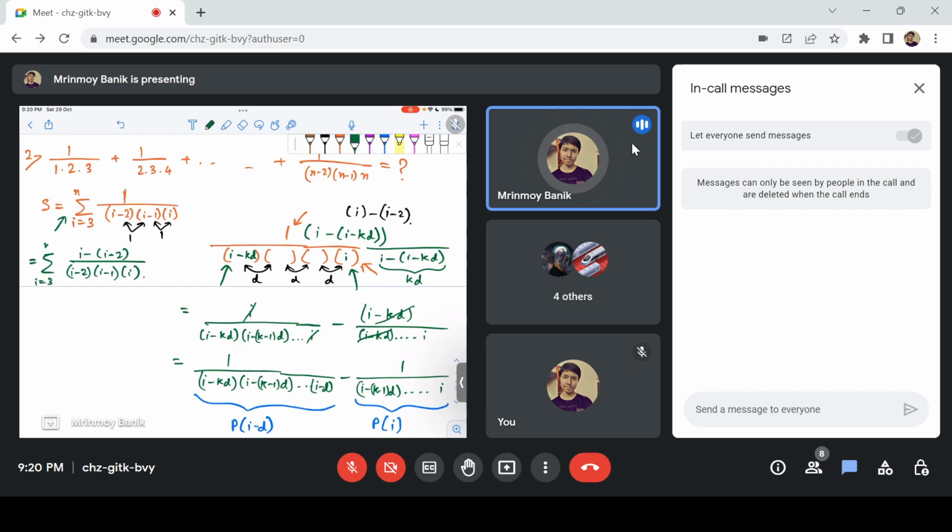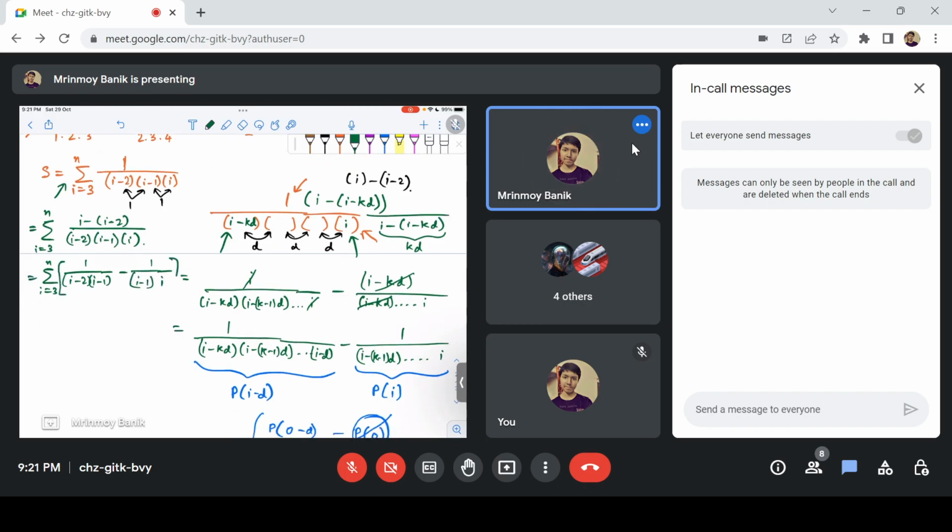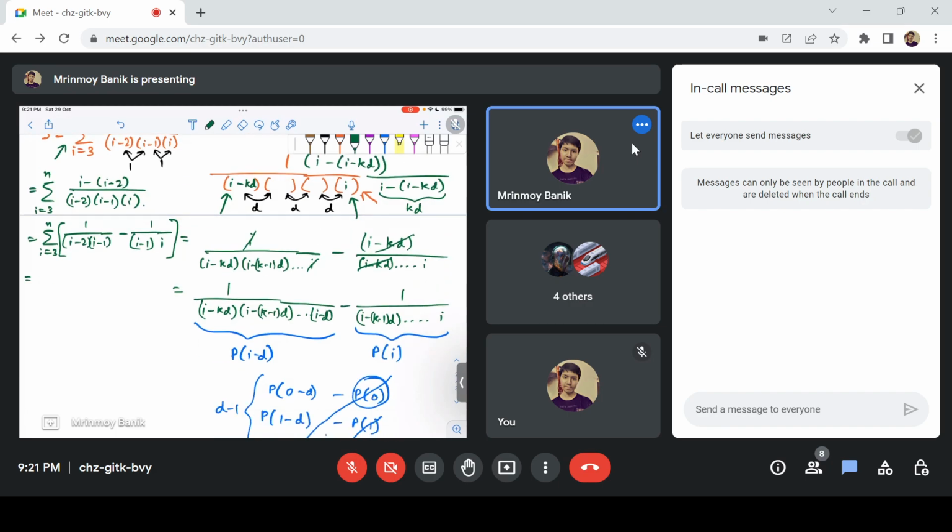I runs from 3 to n, and then distribute it. So it's 1 by I minus 2 times I minus 1 minus 1 by I minus 1 times I. So this is our p_{i-1} and this is p_i. So you get, this starts from I equals 3.